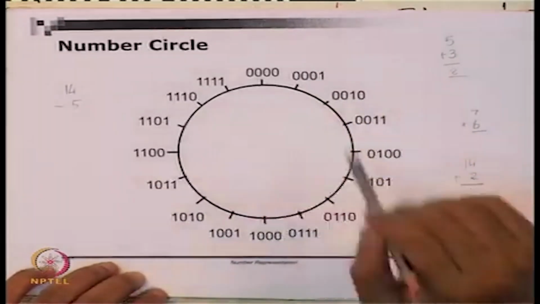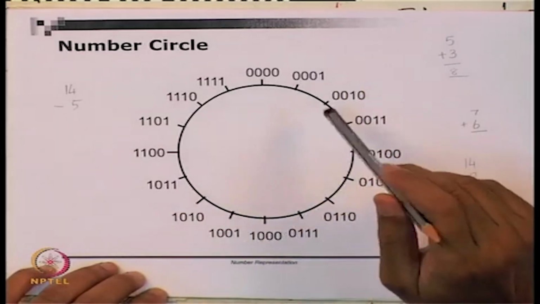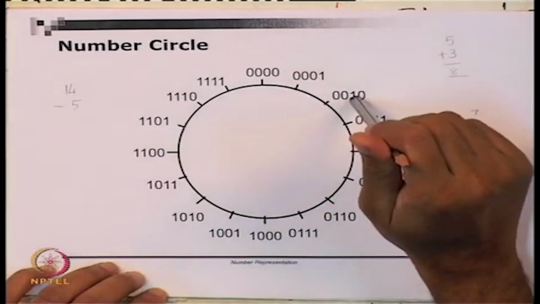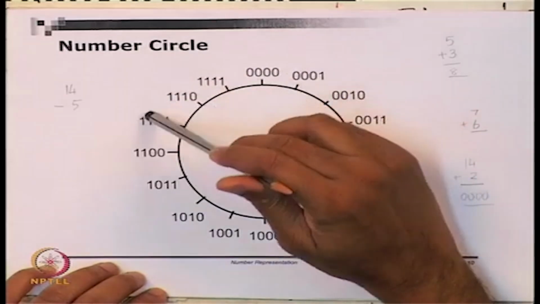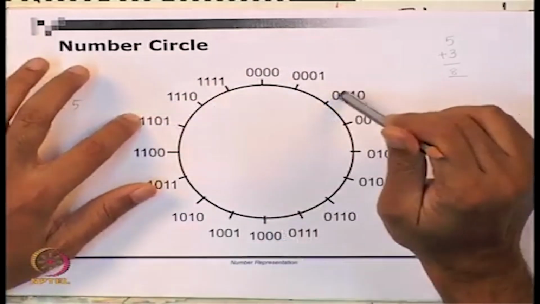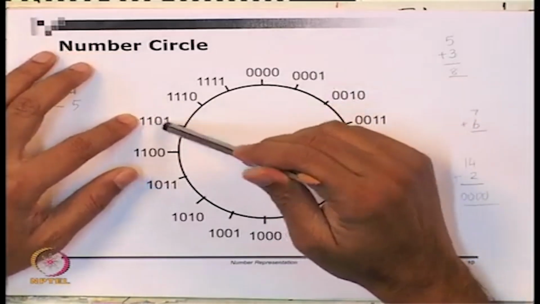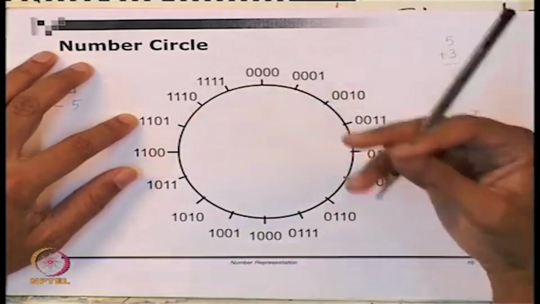Just like addition, we can end up with small problems with subtraction. For example, if I start with number 2 and subtract 5 from it, I start with 2 and then have to go 5 steps backward, 1 2 3 4 5. It looks like 2 minus 5 is minus 13, since 1 1 0 1 is 13. So, 2 minus 5 actually gives plus 13 as the result, not minus 13.